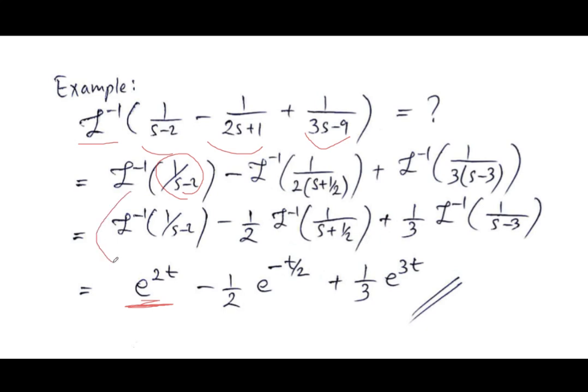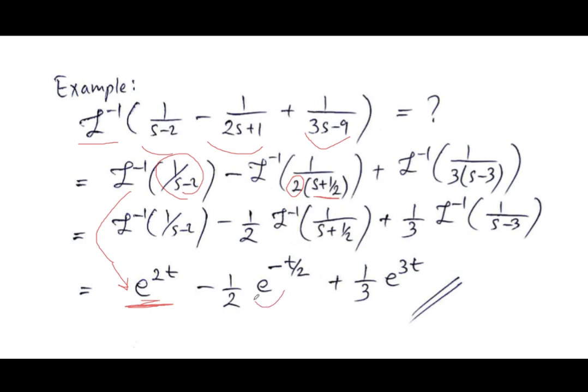So from here we can really easily and directly write down the inverse Laplace transform, because this is something we are already familiar with. And then the inverse Laplace transform of 1 over 2 times s plus 1 half. And again, except this 2 here, we know how to take care of 1 over s plus 1 half, right?